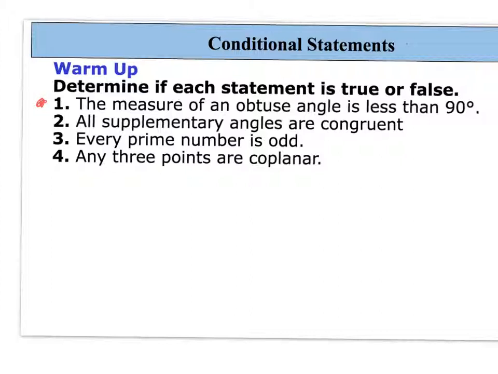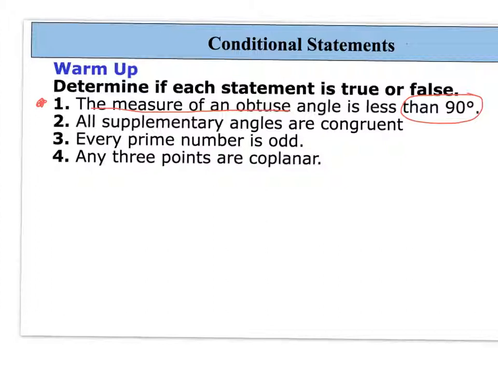Here's number one. It says the measure of an obtuse angle is less than 90. We have to take this part of the statement as being true, so it's got to be an obtuse angle, but we have to find something that's not less than 90. What angle is not less than 90?